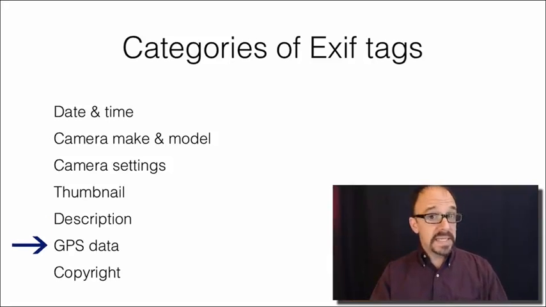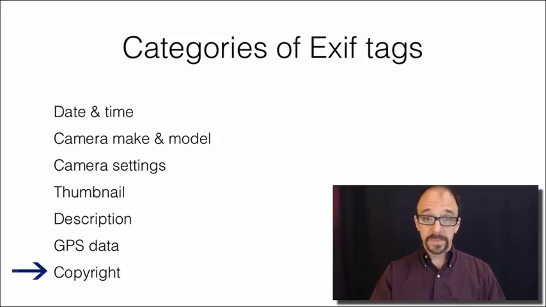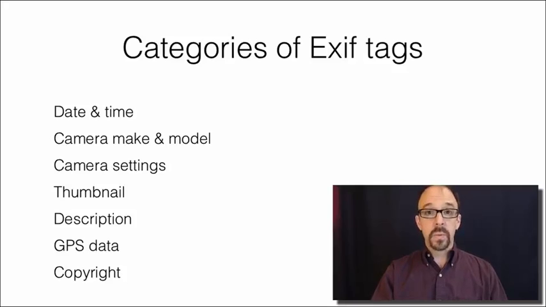You get GPS data if your camera has support for GPS, or again, you can add that data in later if you've got the software to edit an Exif file, and there are several pieces of software out there that will allow you to do that. And then you get copyright information. There are dozens of elements that the Exif format includes, and I'm not going to go through all of them. I think the easiest thing to do here would probably just be to show you an Exif record.